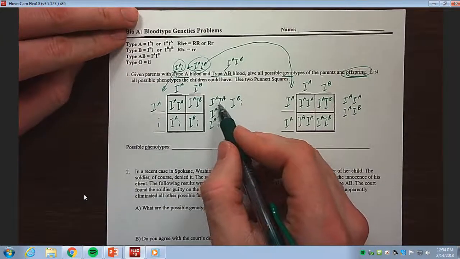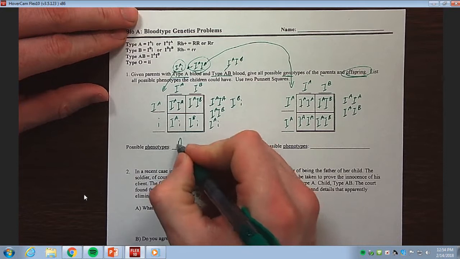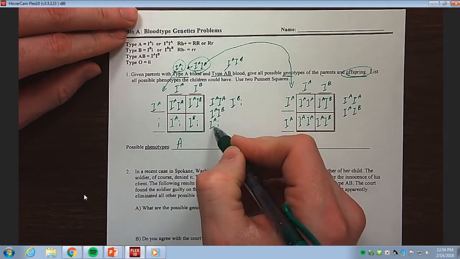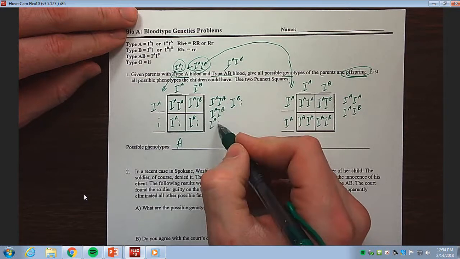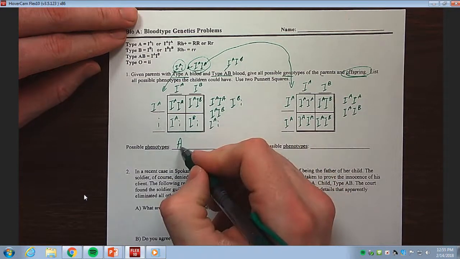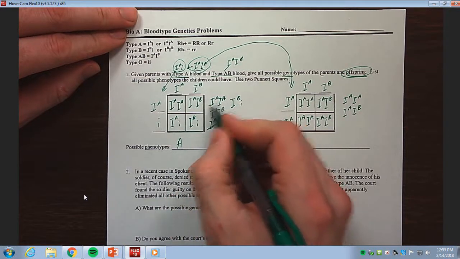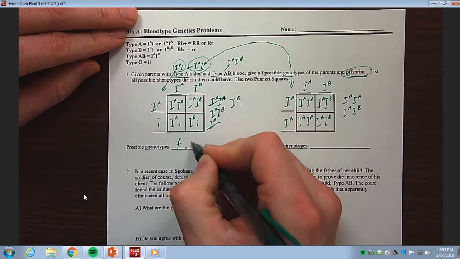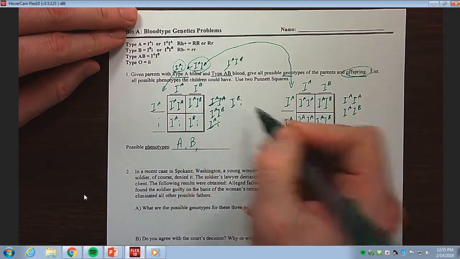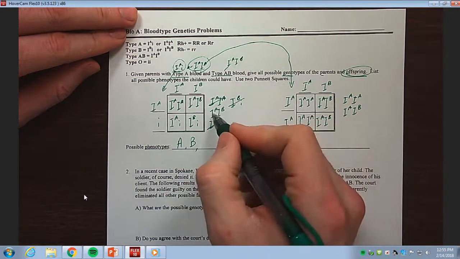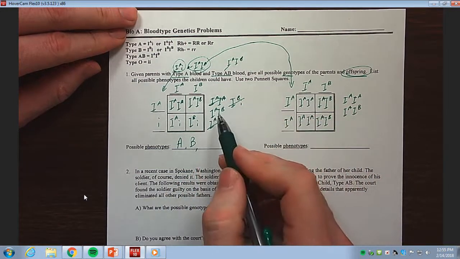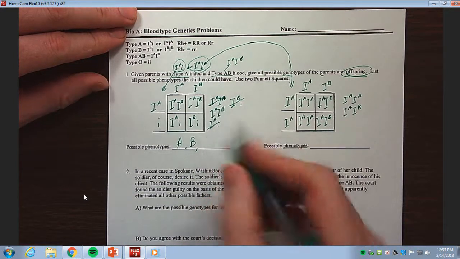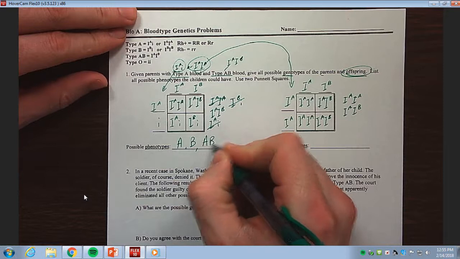So this one here is going to result in an A blood type, as is this one down here. Even though it's a different genotype, it still is just A. So we can get rid of that, get rid of that. This one here is going to result in a B blood type. That's good. And then this one here, because this is a multiple allele trait, we have both A and B. So that's going to result in AB.